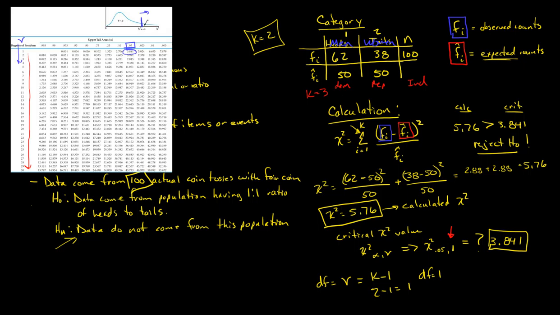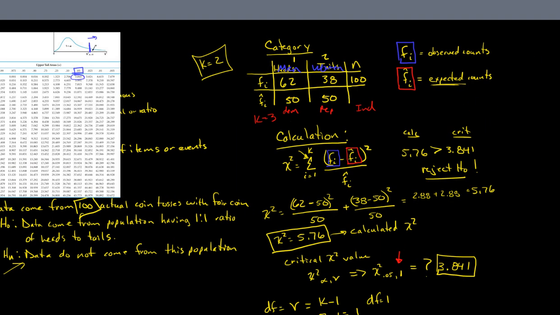So again, I just wanted to introduce at least one test in this class that had to do with nominal data, and you're basically trying to decide whether what you have observed, the frequency counts, are different than what you would expect. Then you have to define what your expectation is, because it doesn't have to be one-to-one. You could change it if you knew that men were 40% of the population and women were 60%.